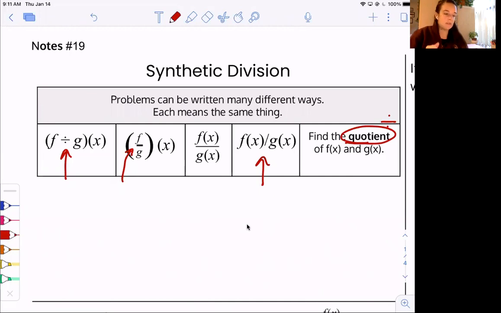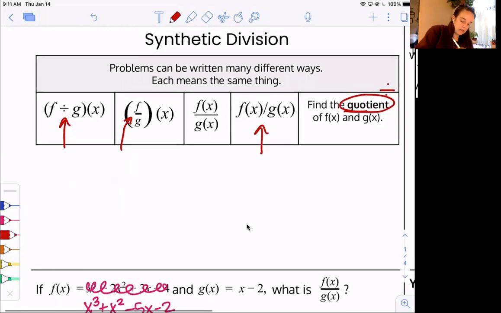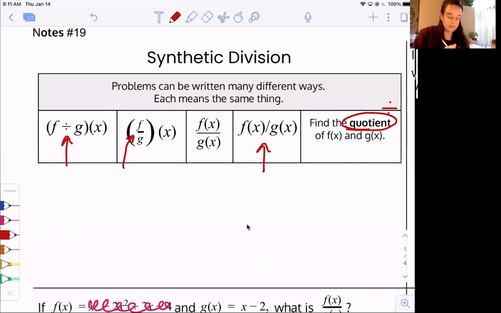So as we're thinking about division, I want us to think first about what division looked like when we were in elementary school. So when we had 210 divided by 4, you had to check, okay, is it going to go into 2?